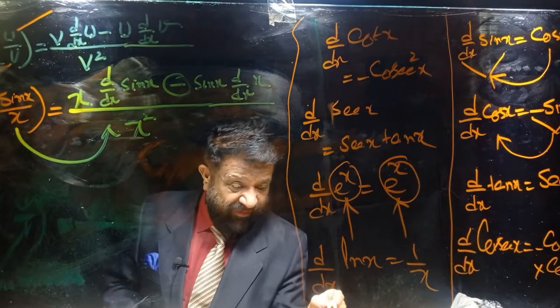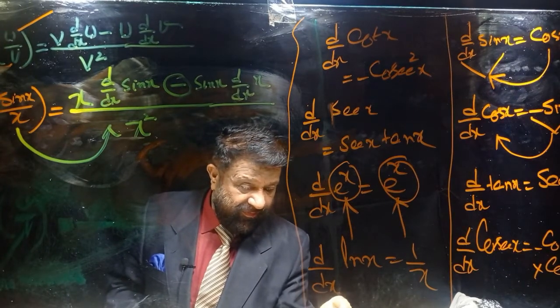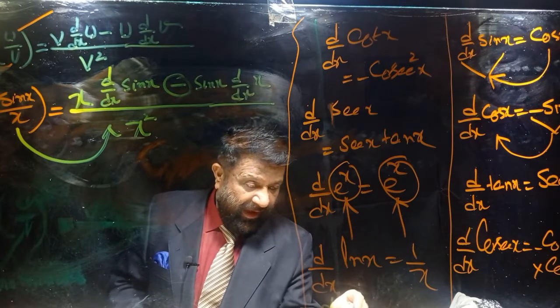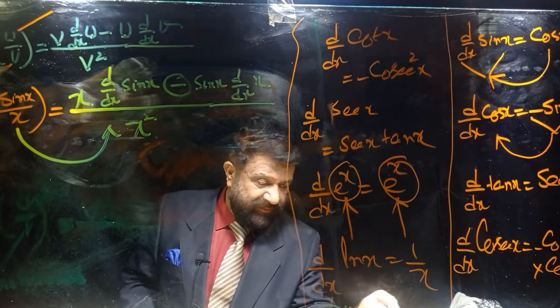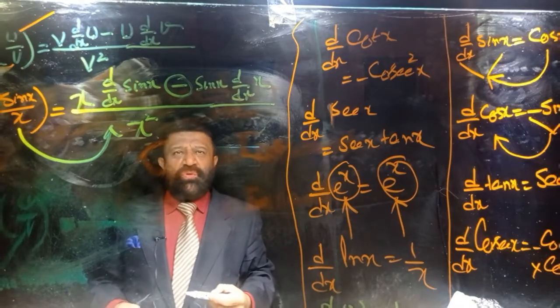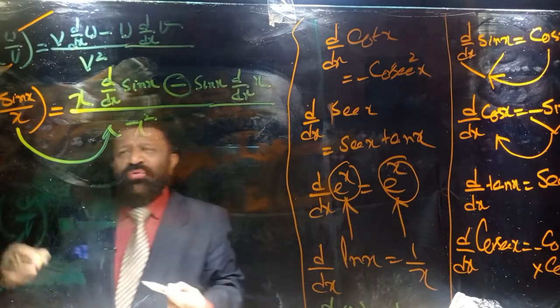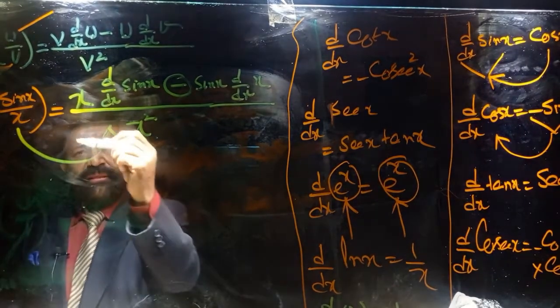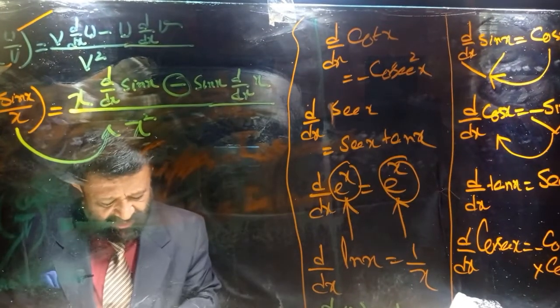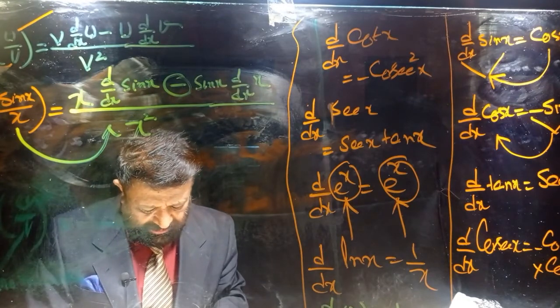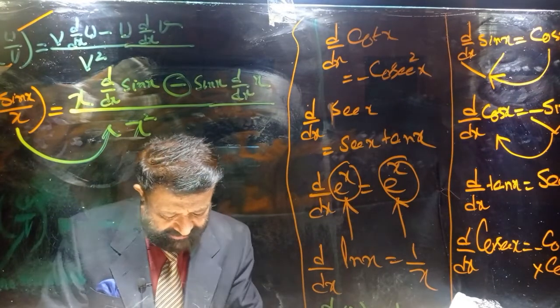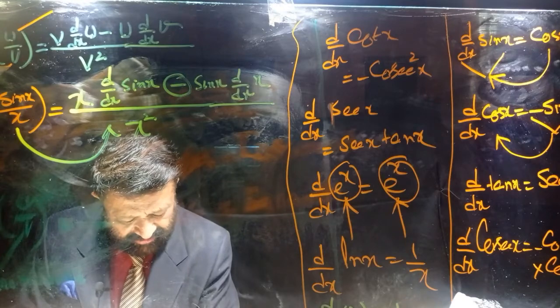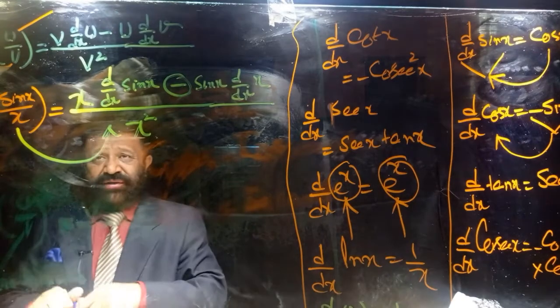The derivative of x is equal to 1. Now we go for the next step. We will place again the sign of equality over here.